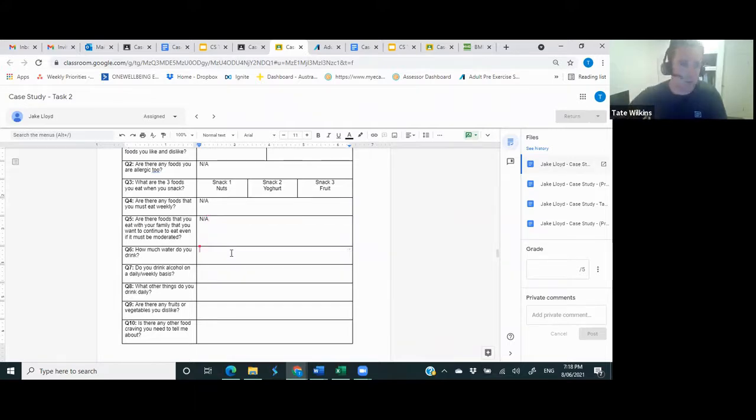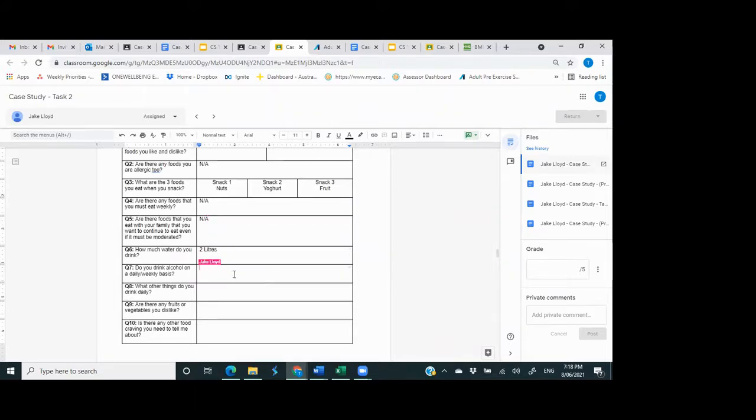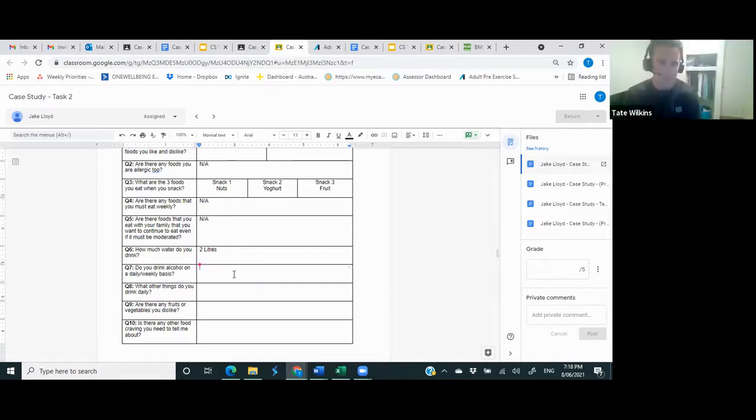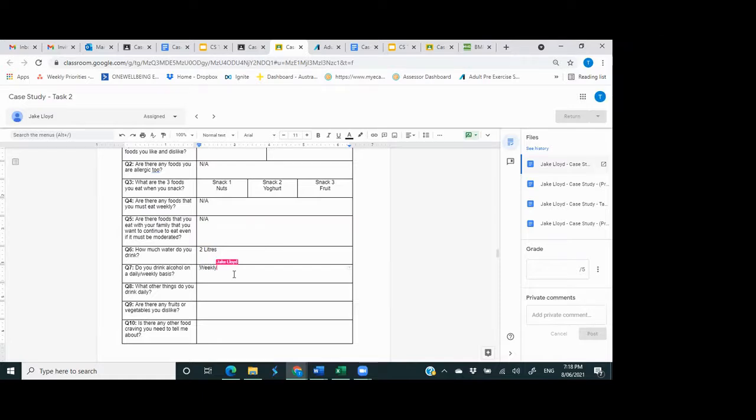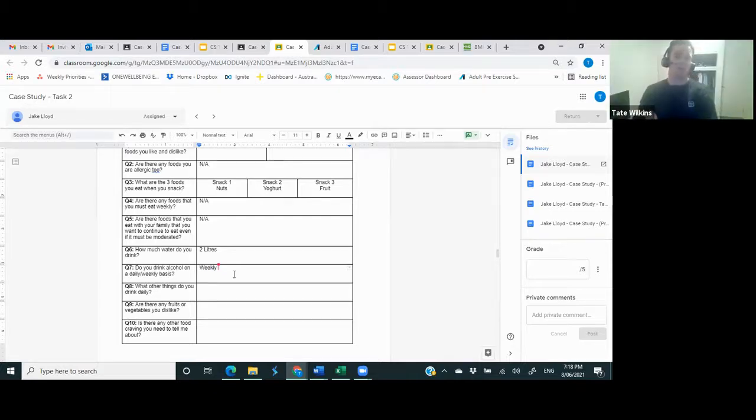2 liters. Do you drink alcohol on a daily, weekly basis? Weekly. You have to put down how many times? Obviously that's probably once a week, but it depends on the form. These ones don't say that.